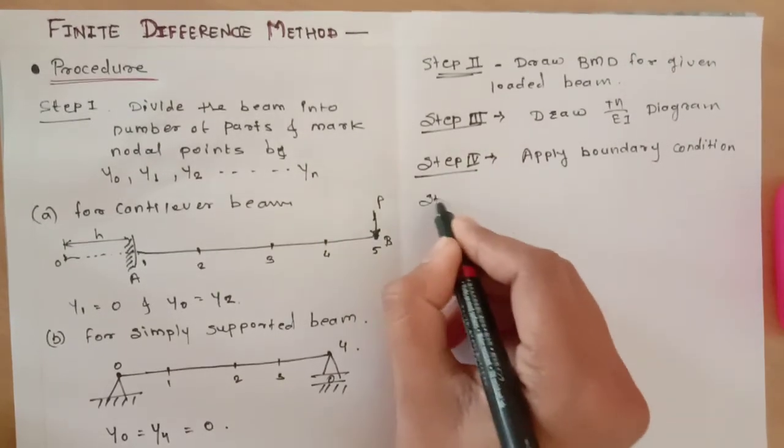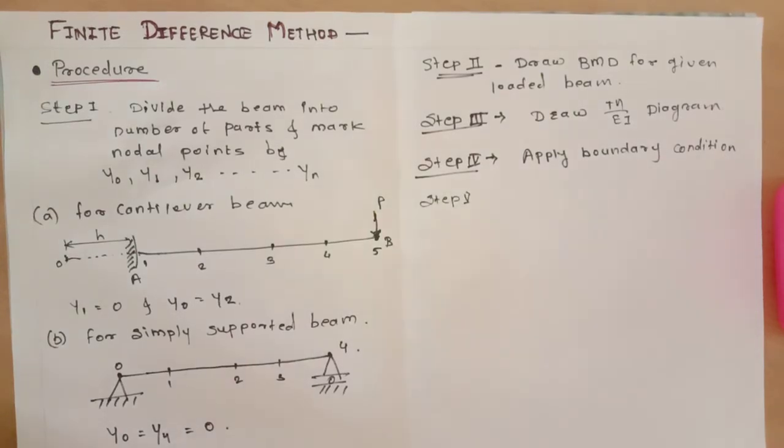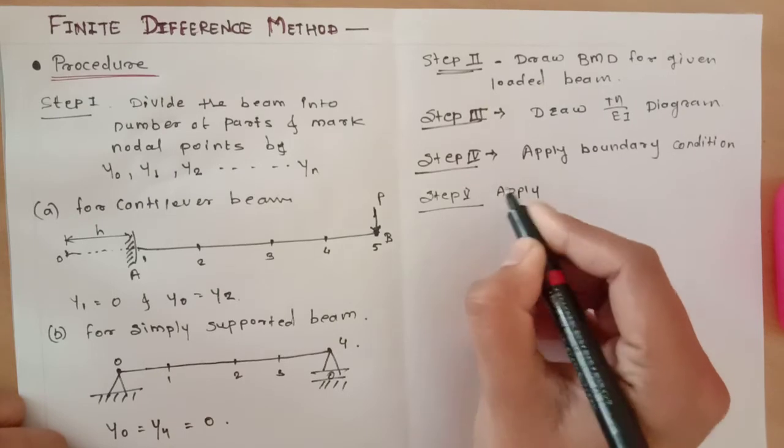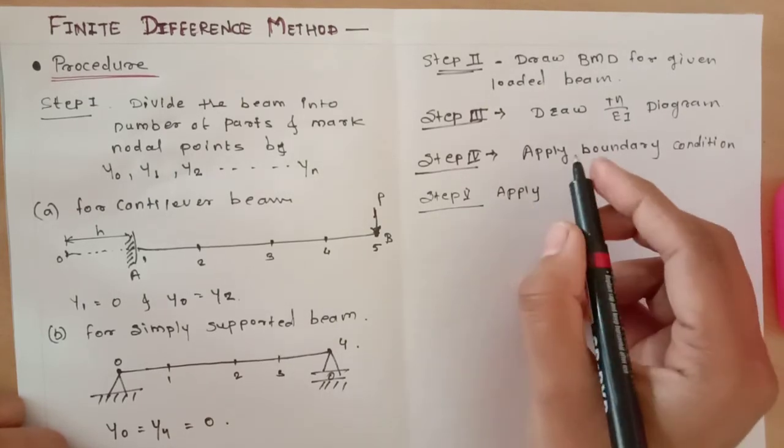And then step number 5, apply the central finite difference equation to each node.